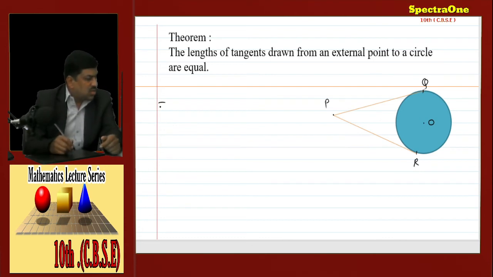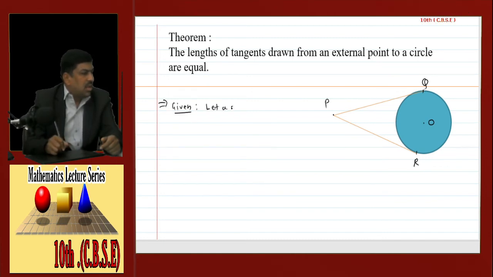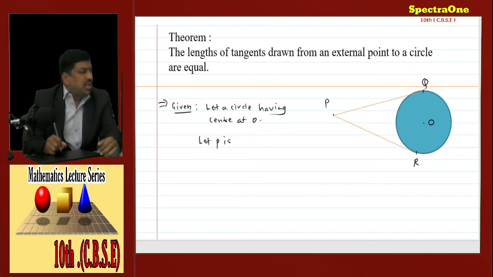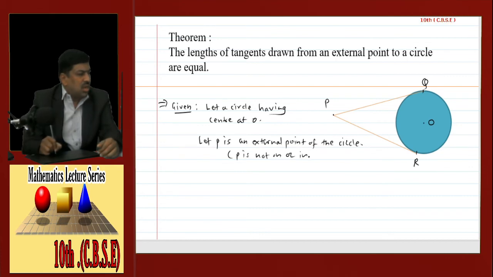So let us see what is given. Let a circle have center at O. Let P be an external point of the circle, which means P is not on or inside the circle.